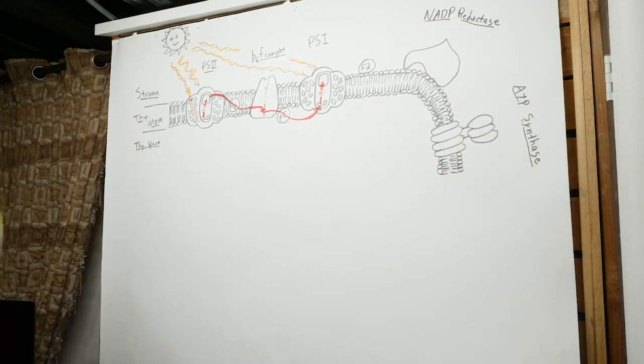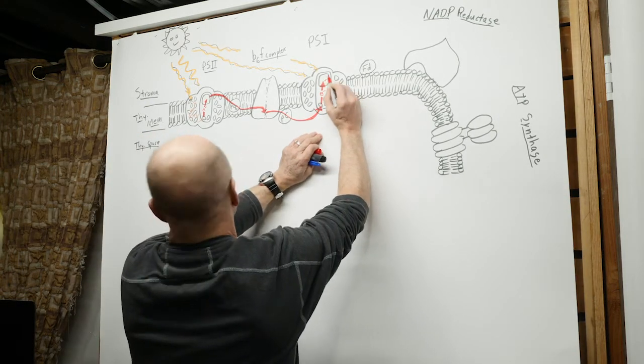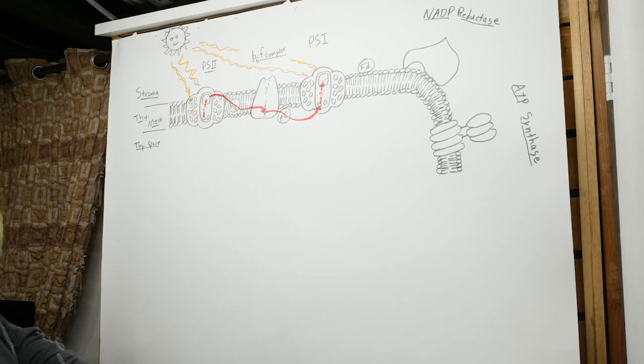Okay, NADP reductase. So there's all of our parts. Let's get back to the red, make another arrow. So we're going to go to FD here, and all the way to NADP reductase.